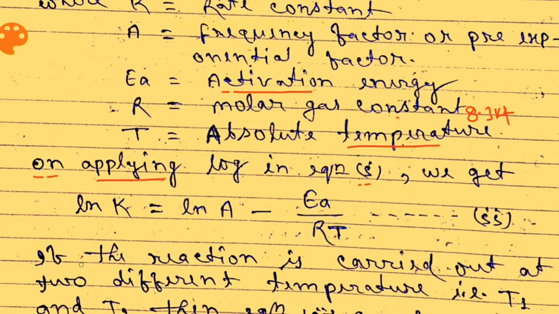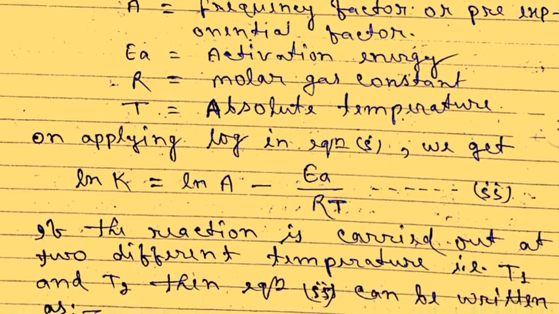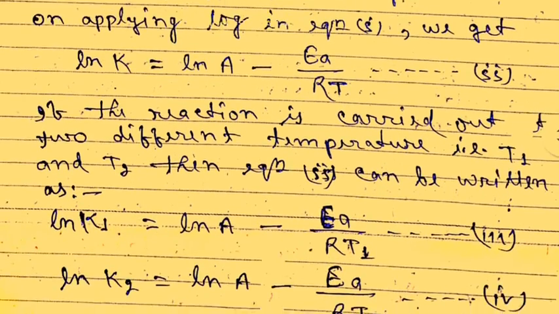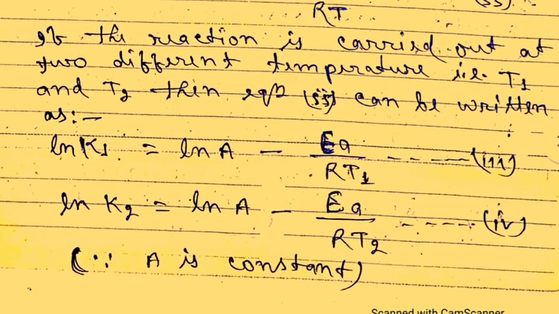If the reaction is carried out at two different temperatures, that is T1 and T2, then the equation second can be written as ln K1, means rate constant at different temperature will be different.